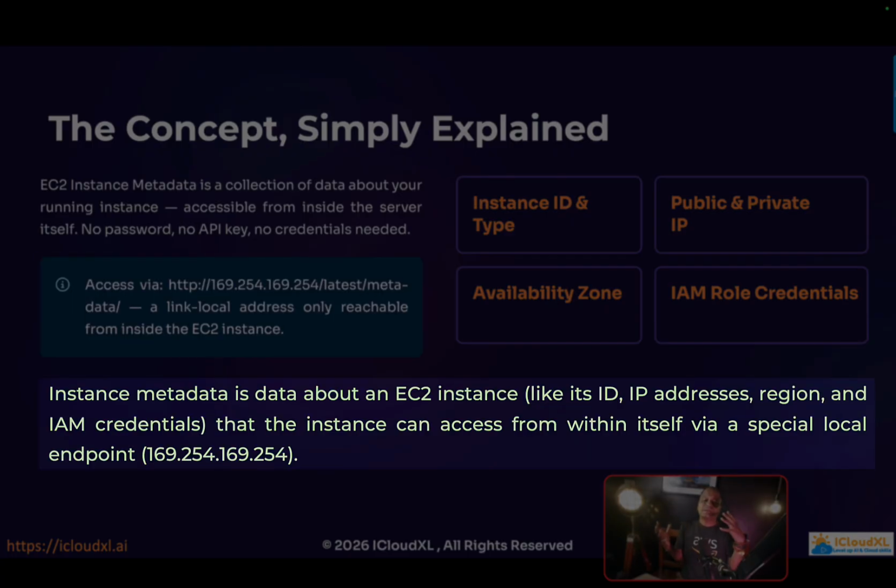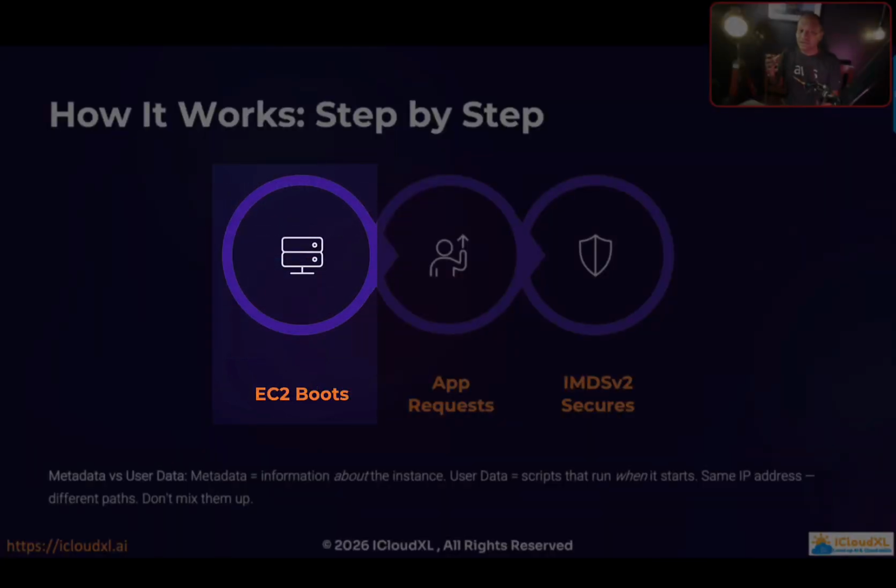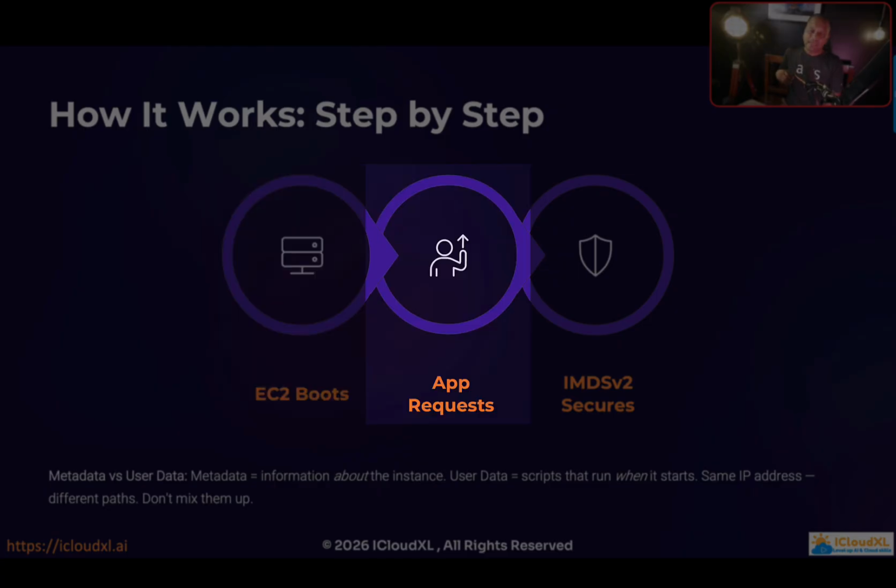Instance metadata is the data about the EC2 instance, like the ID of the instance, IP address, region, and IAM credentials, that the instance can access from within itself via a special local endpoint, 169.254.169.254. How does it work? You launch the EC2 instance, and applications send requests to get access to that metadata.